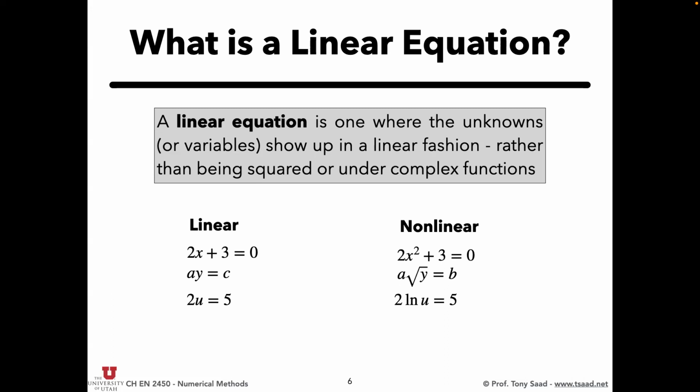Okay, so now let me ask you this. I have a marker on me, but suppose that we take this equation, ay equals c. The unknown is y, and a and c are parameters. What that means, they're input. They are brought in from measurements, from somewhere else. But this is the equation. In this equation, I'm solving for y.